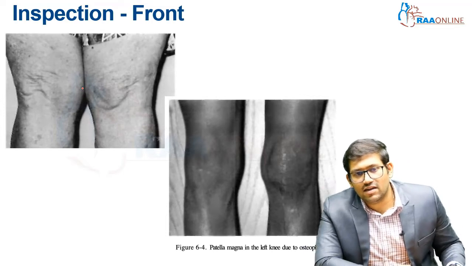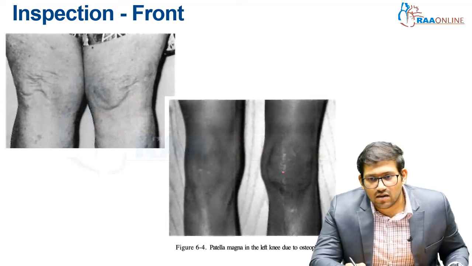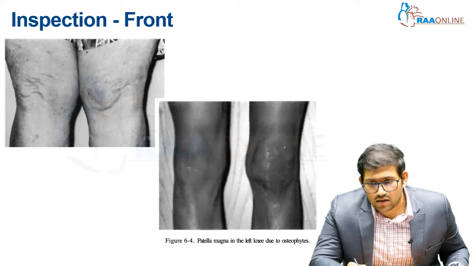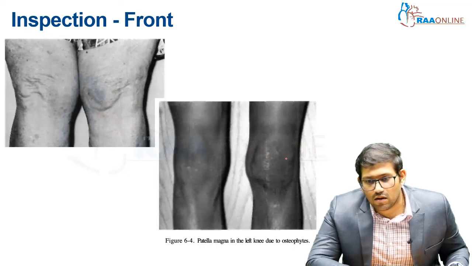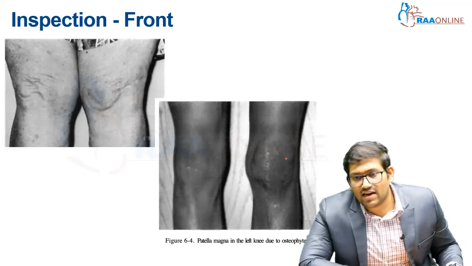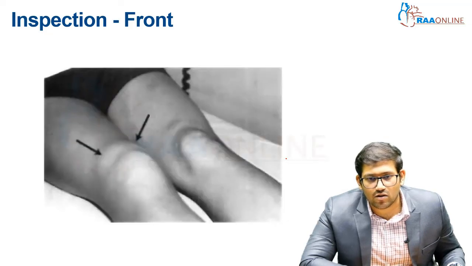Between the right and the left leg, you can see the patella being larger or wider, suggesting an inflammatory condition, or a patella magna, or very rarely a degenerative pathology, but it can occur due to any other cause.